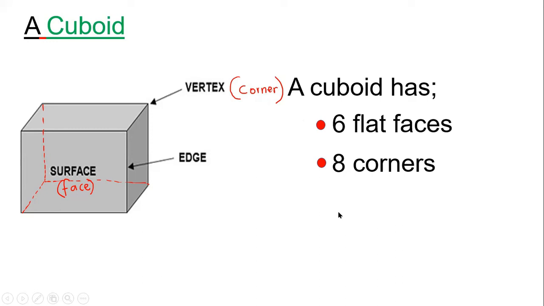Okay, then we have 12 edges. You can see 1, 2, 3, 4, 5, 6, 7, 8, 9, 10, 11, and 12. So a cuboid has 6 flat faces, 8 corners, and 12 edges.